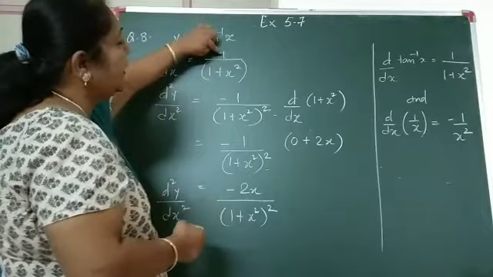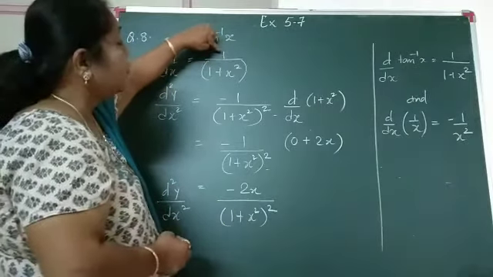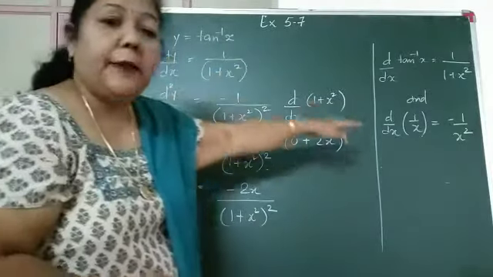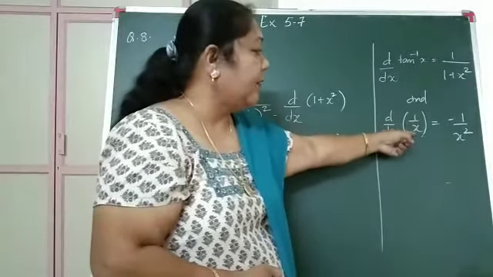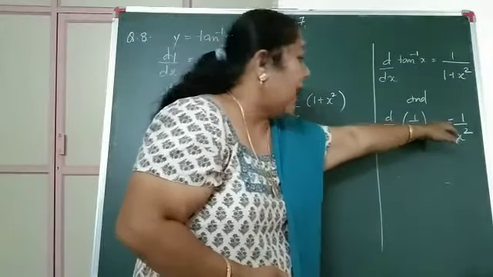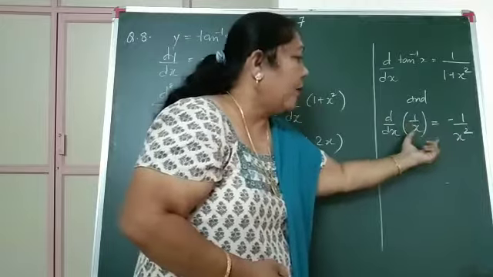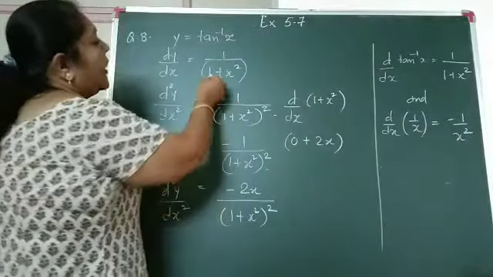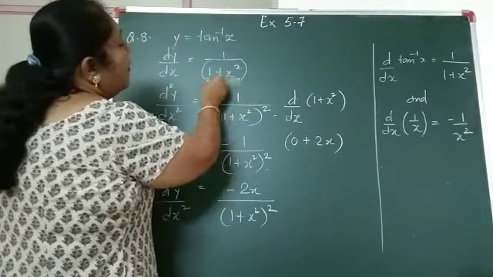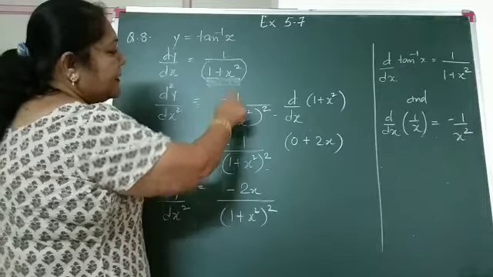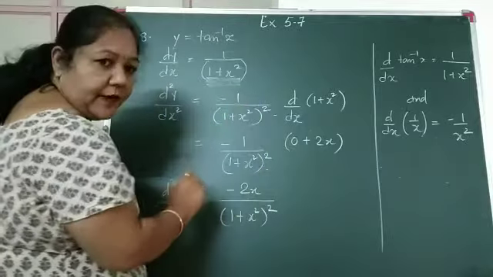So this belongs to which category? It belongs to the category of 1 upon the bracket. 1 upon the bracket means it belongs to the category 1 upon x. So for 1 upon x, the differentiation is minus 1 upon that term squared. The same thing now, I have 1 upon this term, which means minus 1 upon the term squared.